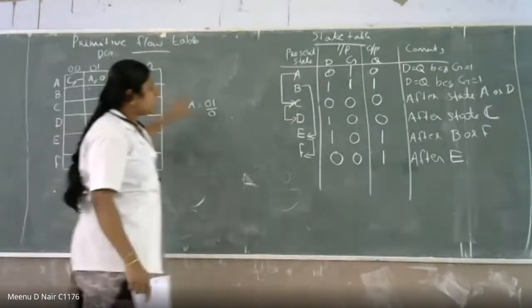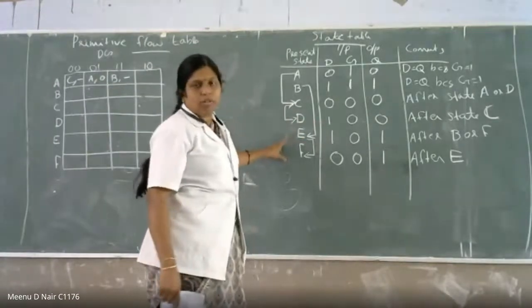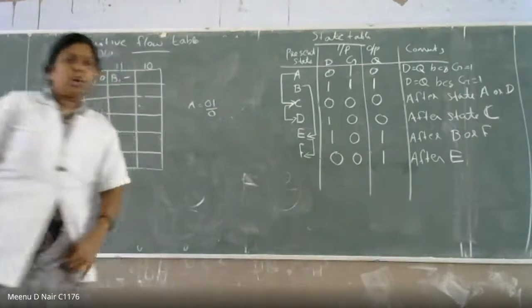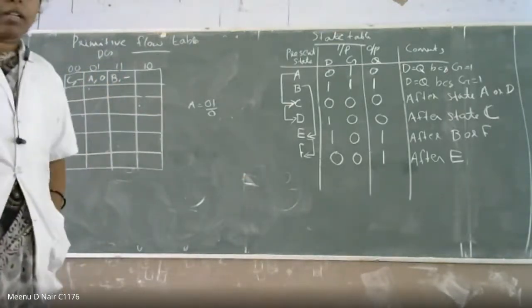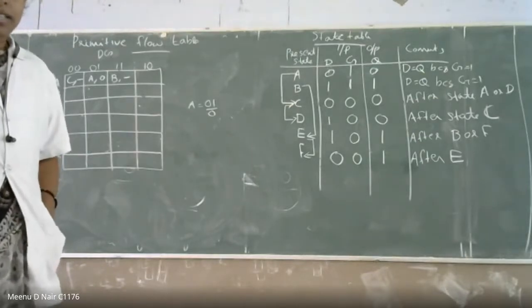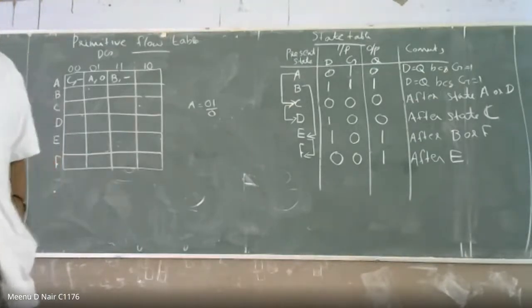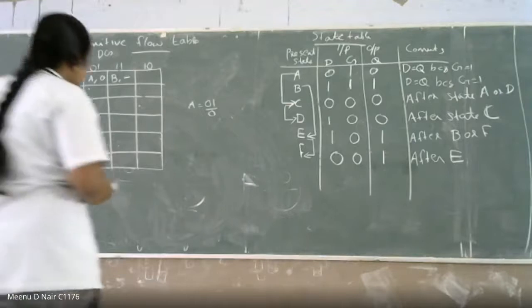There are two conditions for 1 0, that is D and E. Is any of these possible? From A to D or A to E, is it possible?